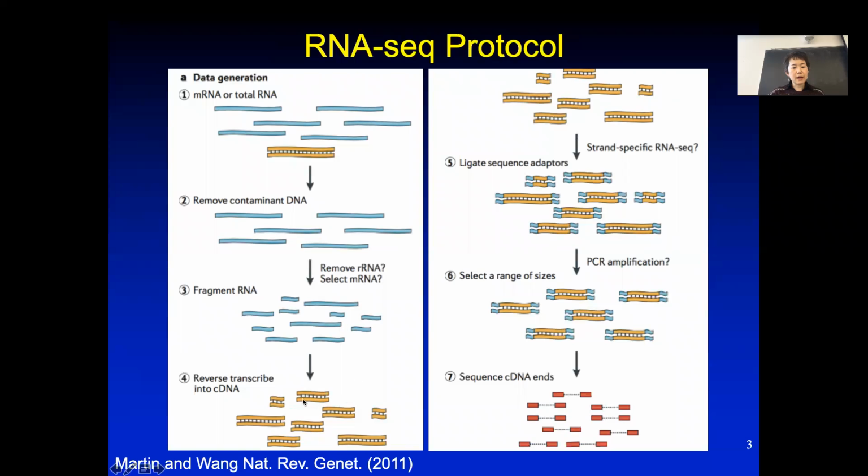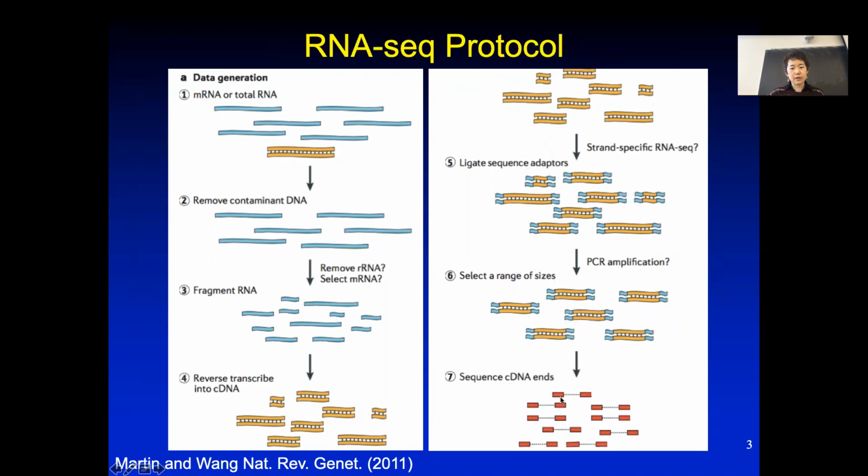And these double-stranded cDNA can then be ligated to sequencing adapters. And these can then be PCR amplified and then put on a high-throughput sequencing machine, as we mentioned in the last lecture, Illumina sequencing. And then we can do sequencing reads from either one end or both ends.